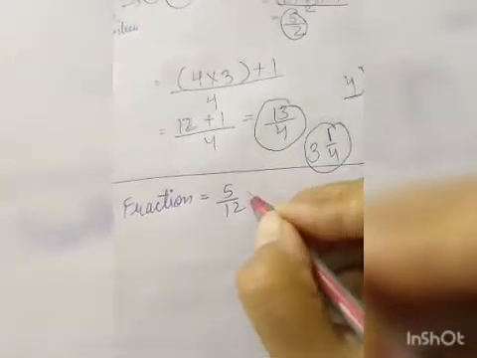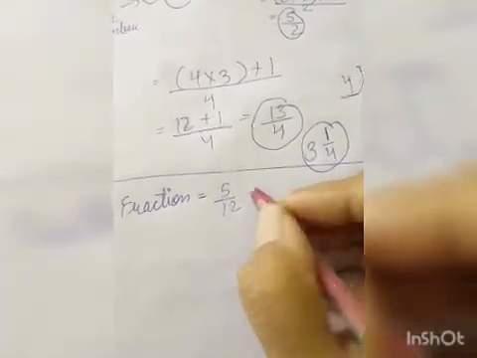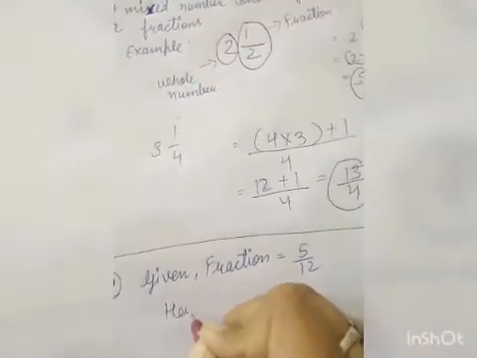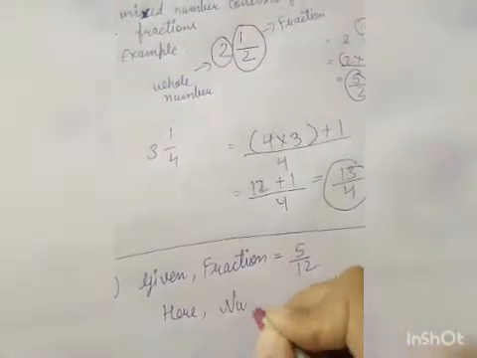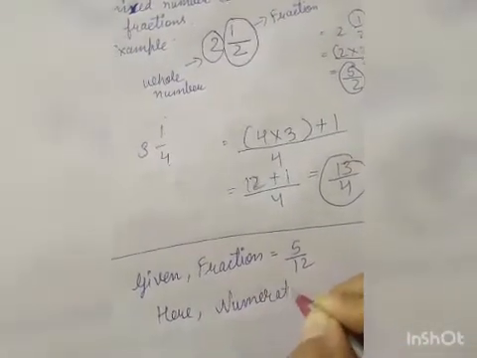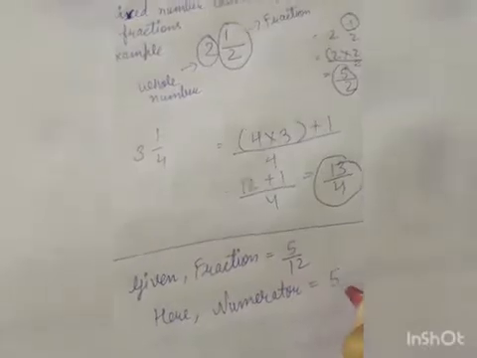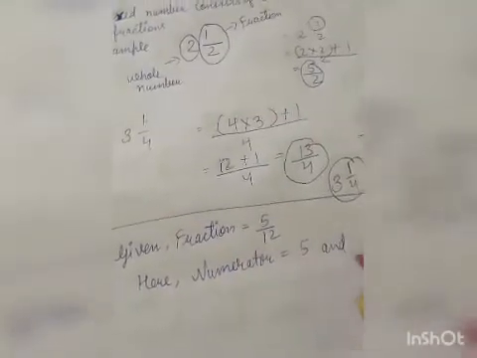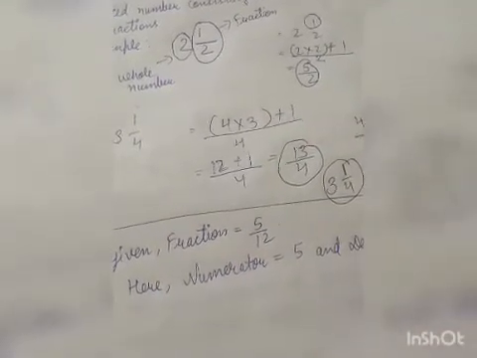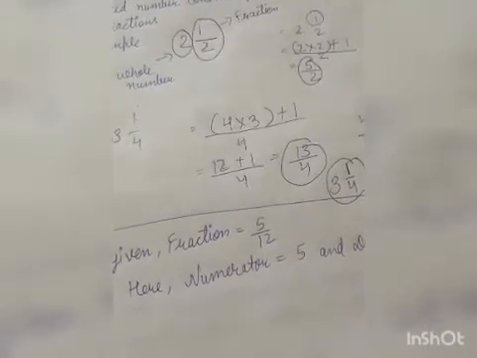It is clear that the above one is the numerator. Here numerator is equal to 5 and denominator is equal to 12. Got it?